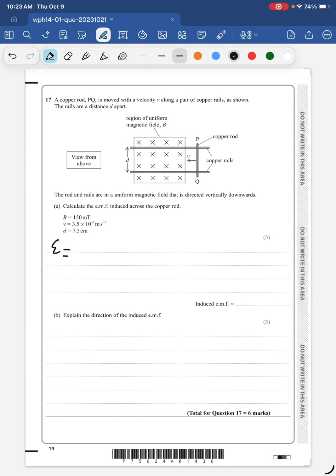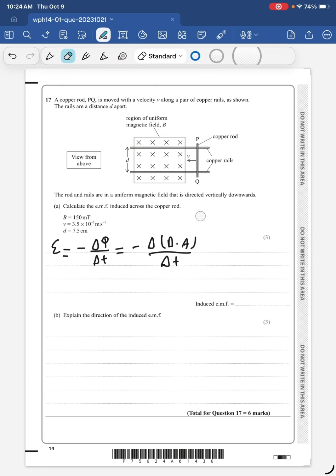The EMF is given by the change in magnetic flux with respect to time, and the magnetic flux is given by B times A. I'm sorry, this should be a delta over time. In this case, we don't have a coil, so N is 1, because some of you will say this should be N, B, A, but in this case, N is 1, okay?